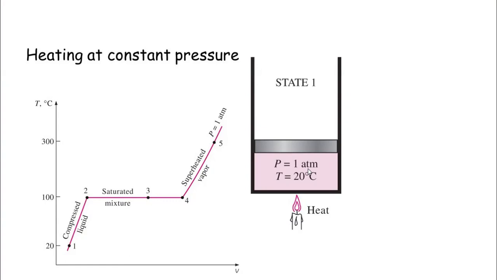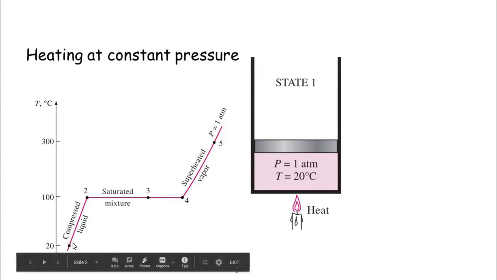So if we heat this, and if I want to represent this process of heating on a temperature volume diagram, which is seen in front of you, you see that as we supply the heat, the temperature of this water would start increasing from 20 to 25, 25 to 30 like this. And as you go on heating it, let us say the initial state is state 1.